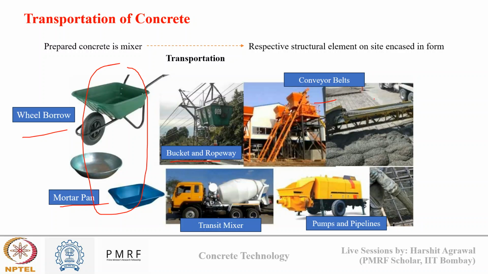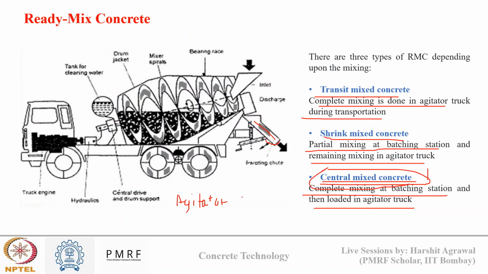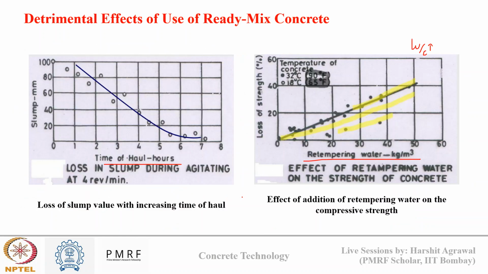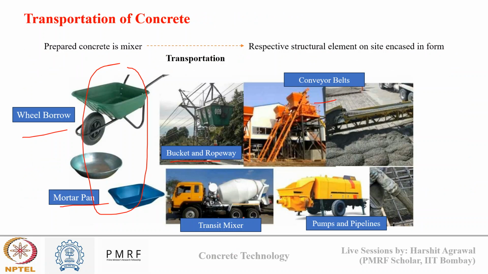Then there is transit mixer that we have already seen, used for transportation of RMC, or maybe conventional concrete also if we are mixing at the batching plant and the truck is just needed for transport, like we saw in the last point, central mixed concrete.